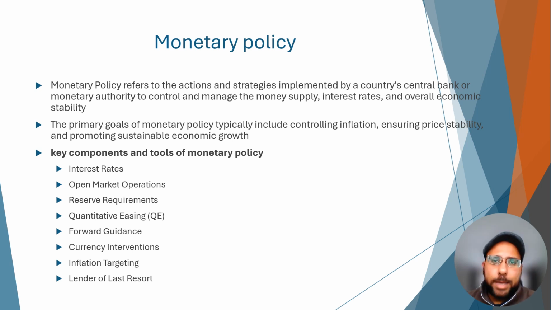One of the central bank's primary goals is to control inflation and prevent deflation. Maintaining price stability helps preserve the purchasing power of the currency, so it could be sterling, it could be the dollar, and it provides a predictable environment for businesses and consumers to make long-term economic decisions.